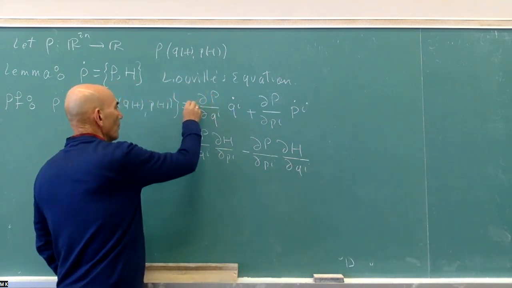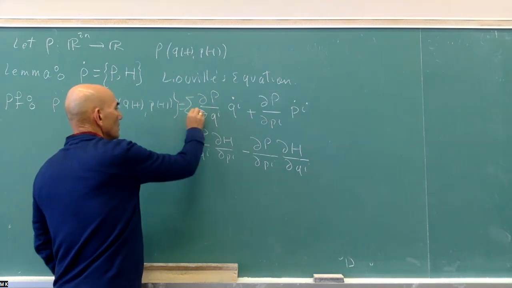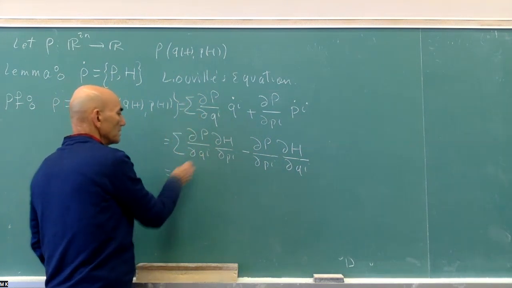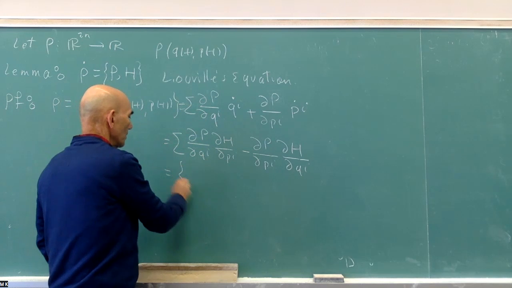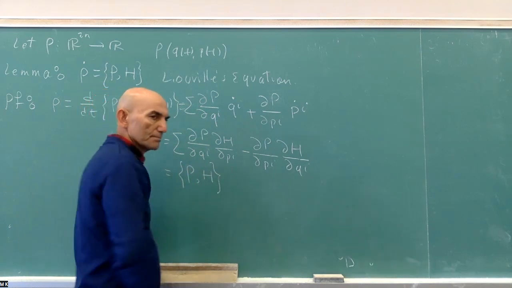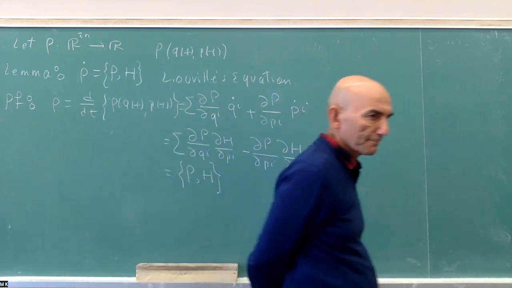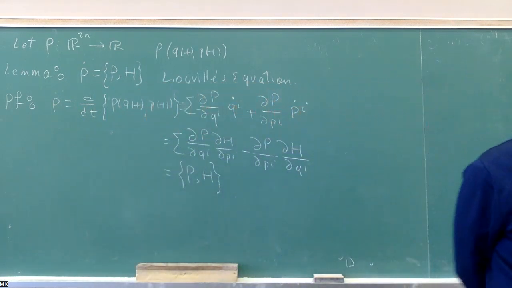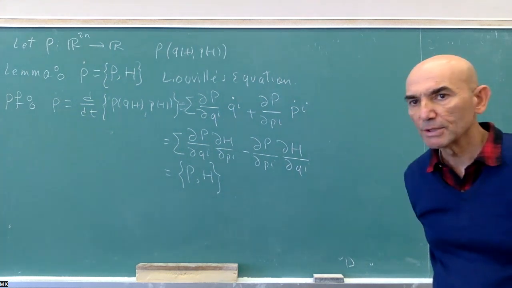I mean, this is a sum, of course. And this is the definition of the Poisson bracket. Any question?